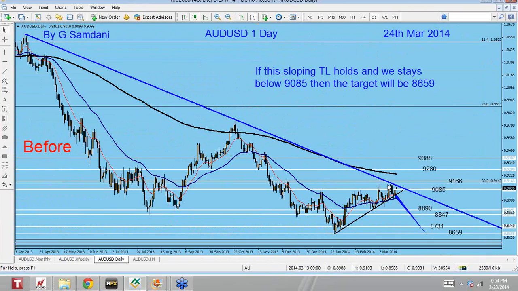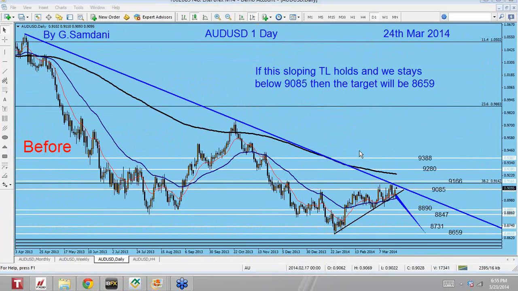But it came back down to this trend line, posted a doji, and then a bullish candle back to this 9085 area, and now we are messing around in that small little space, above 9085 and below this TL. So we are confined in that area and wait for it to get out of this mess to the downside, and then we take our entries. Okay, so this is it for now for Aussie USD.